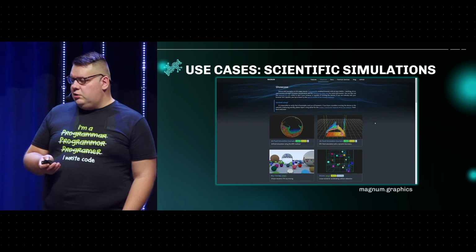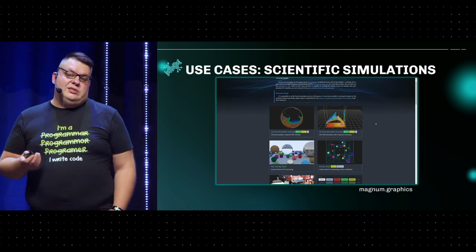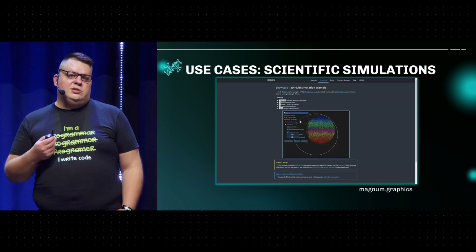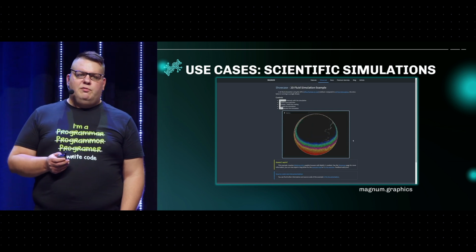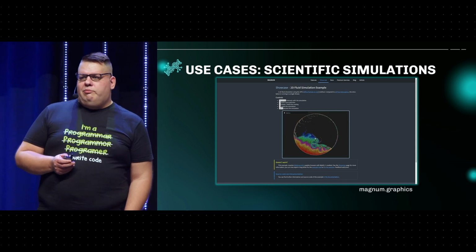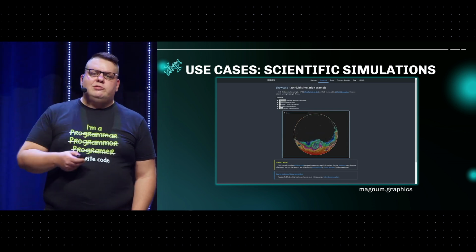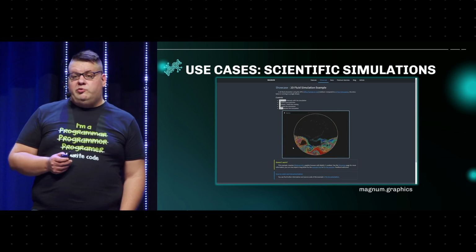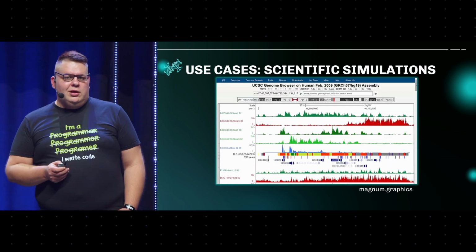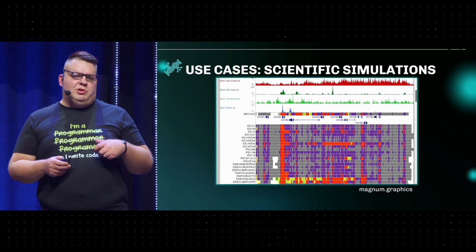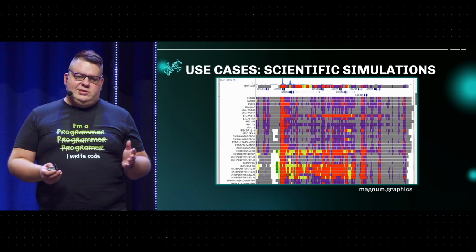The next one is scientific simulations. WebAssembly also makes some big waves in the field of bioinformatics. These tasks are traditionally really heavy because something like DNA sequencing requires processing enormous data sets.